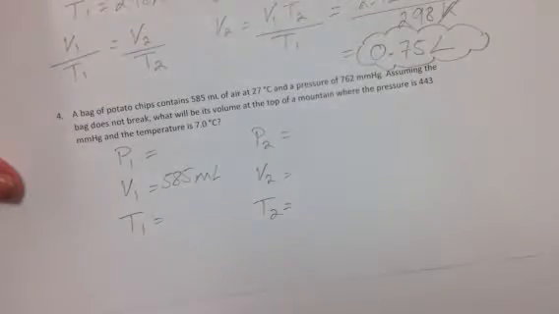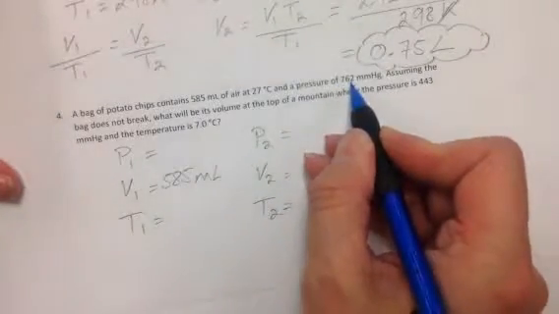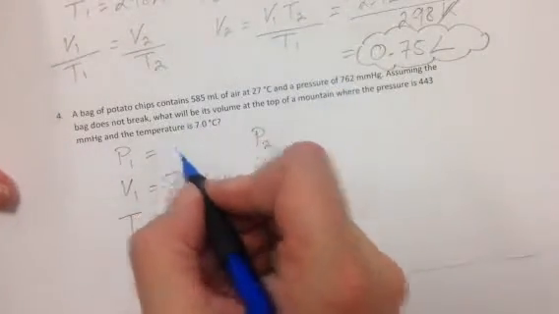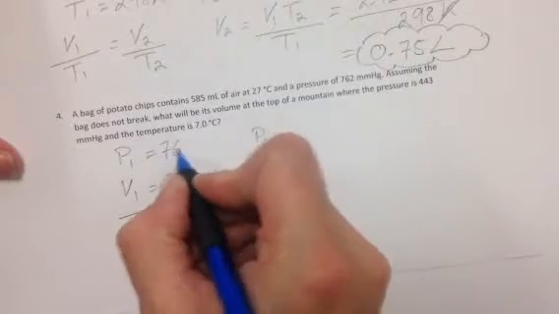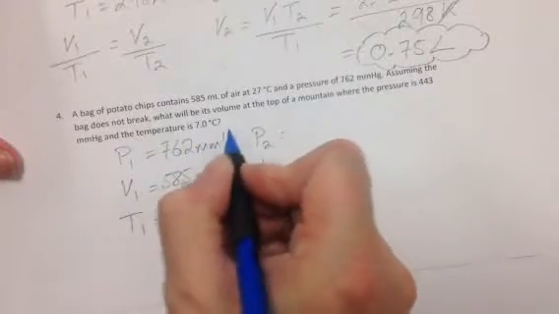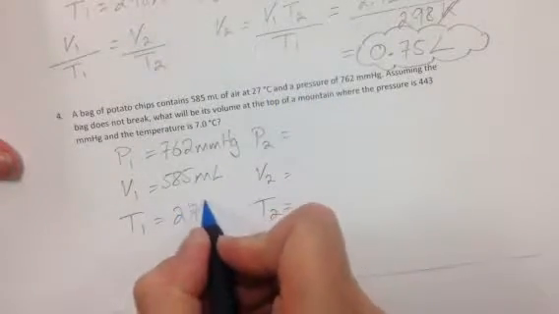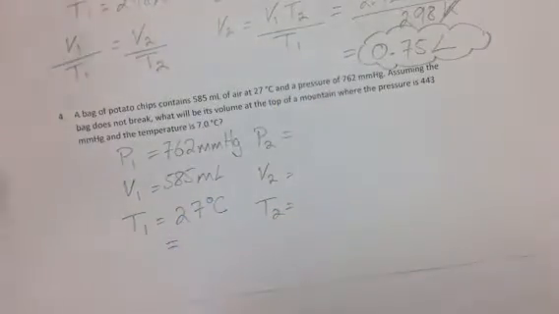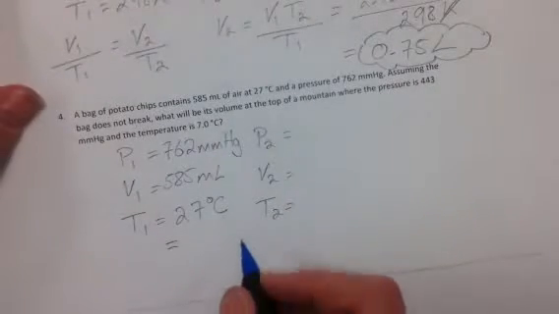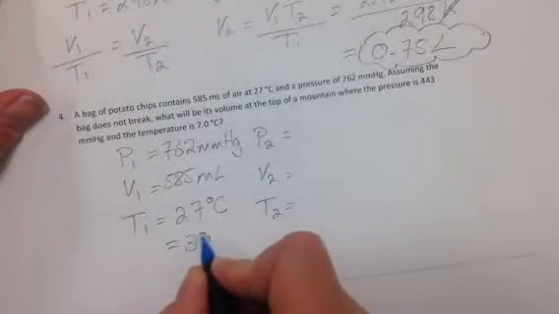At 27 degrees C and a pressure of 762 millimeters of mercury. So its initial pressure is 762 mmHg. Its initial temperature was 27 degrees C, and I immediately need to convert that to Kelvin. So 273 plus 27, sorry, is going to be 300 K.